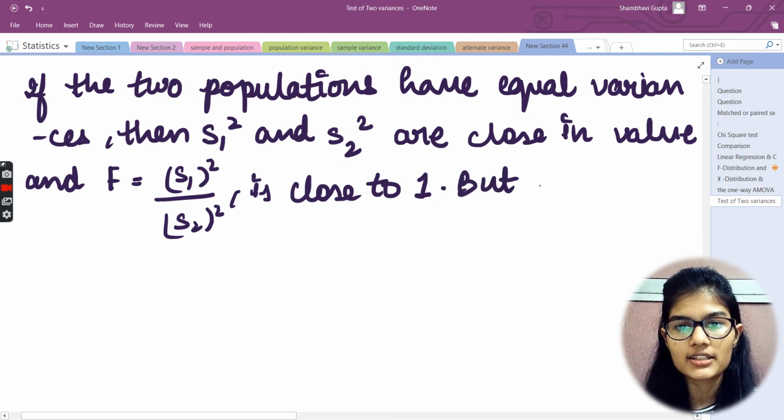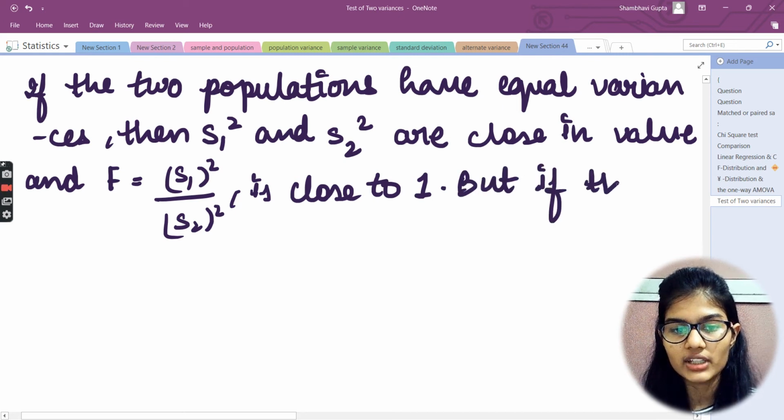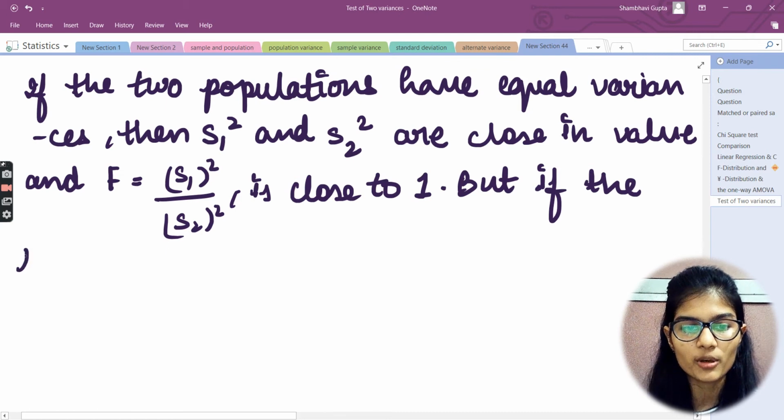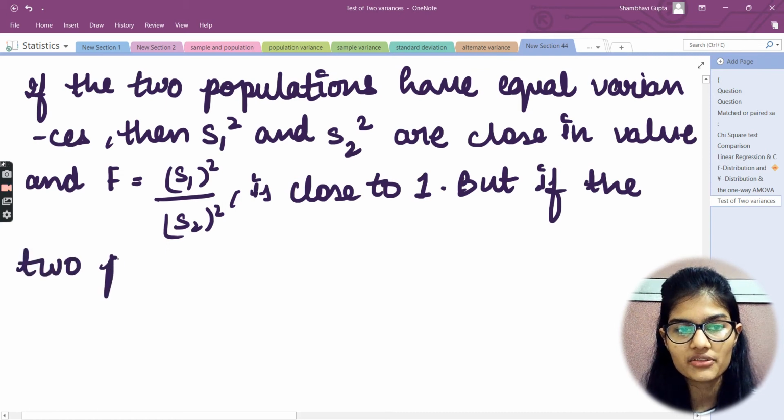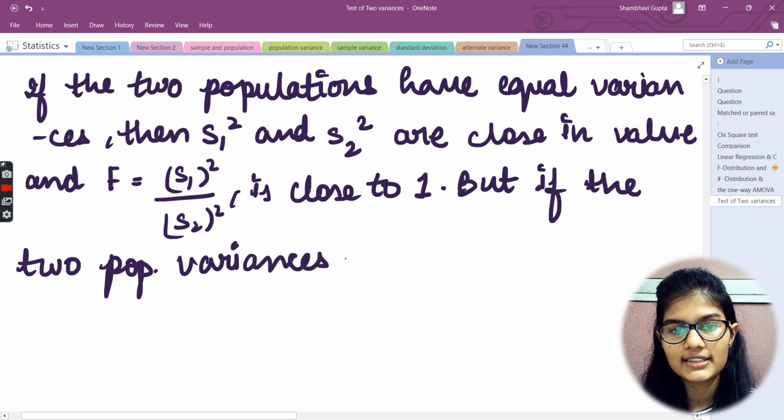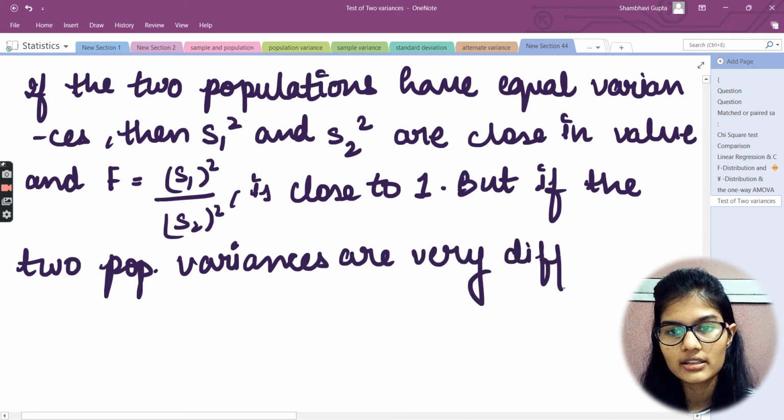But what happens if the two population variances are very different?